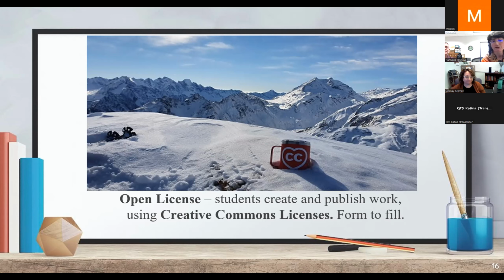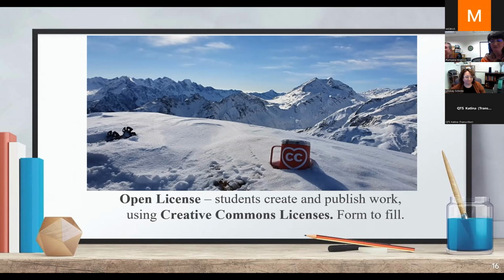If they wish to have their work published, then we do it, and they sign this form, which we keep. I have an example of that form in the bibliography later. You can see the link will be there, so you can use the form and adapt it to your context and circumstances if you need to do this.